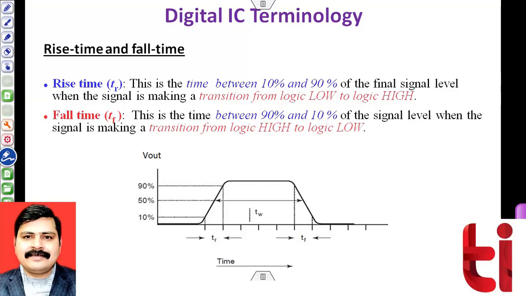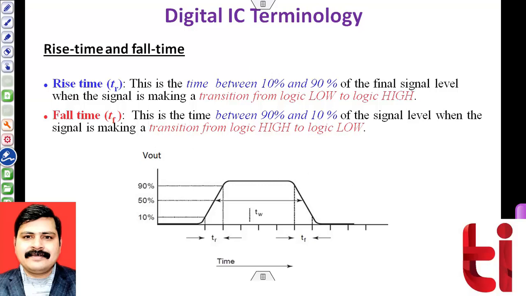Let's start the discussion with rise time. I have defined TR over here. This TR is my rise time. It is the time taken by the signal moving from the 10% level to 90% of its peak value. So the time taken by the signal during a transition from low level to high level, from 10% to 90% of its peak level, is known as rise time.